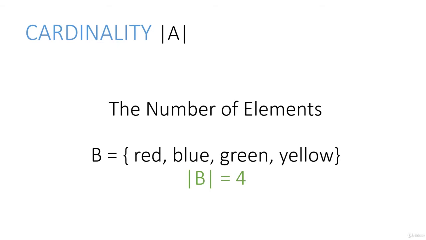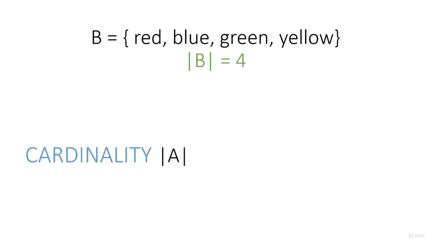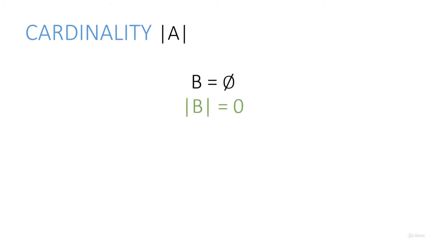Pretty simple, right? But sets can also have no elements. Think of it as an empty box. These are denoted by this crossed zero. It just means an empty box, empty braces, a set that has no elements. And the cardinality of this set is obviously 0.